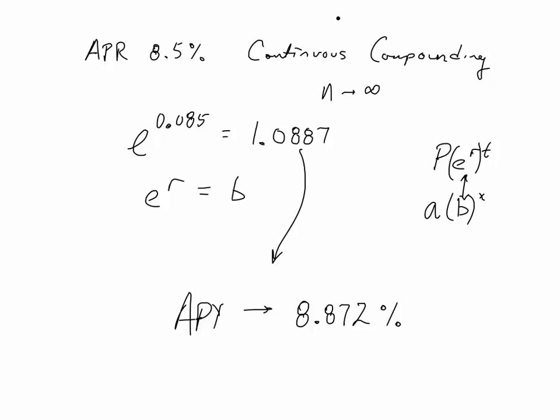Okay, so how about compounded monthly? What would the APY be? Same thing, compounded monthly, 8.5%. Can you figure out compounded monthly what the APY will be? That's what we did at the beginning of class. So now we want APR of 8.5%.